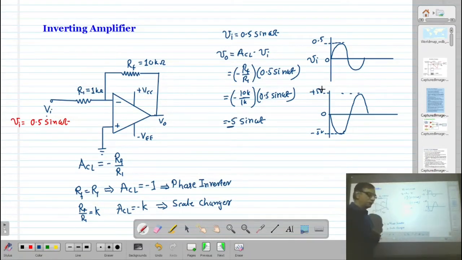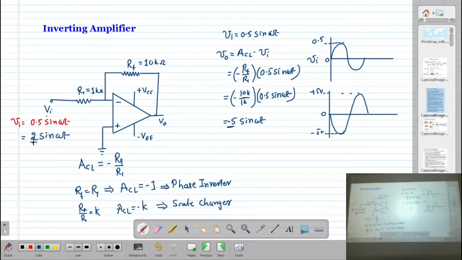But now remember, here if my input signal is instead of 0.5, let us say my input voltage is 2 sin omega t.